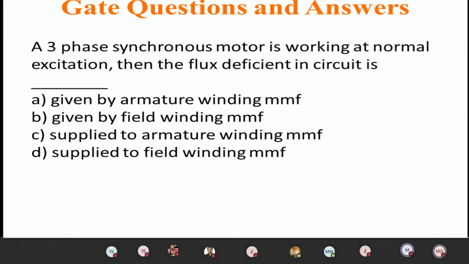Then the flux deficient in the circuit is: option A, given by armature winding MMF; option B, given by field winding MMF; option C, supplied to armature winding MMF; option D, supplied to field winding MMF. The explanation is that it is given by the armature winding MMF.